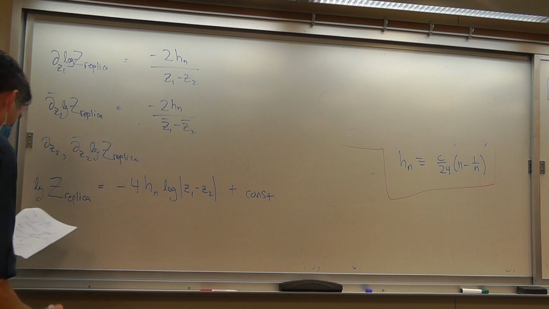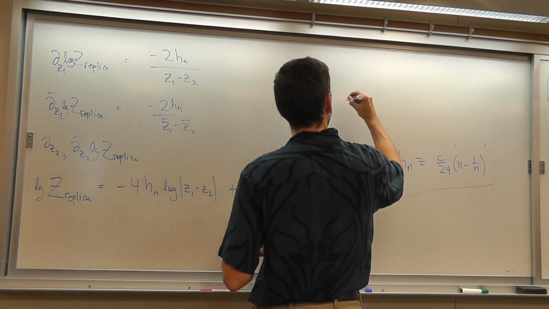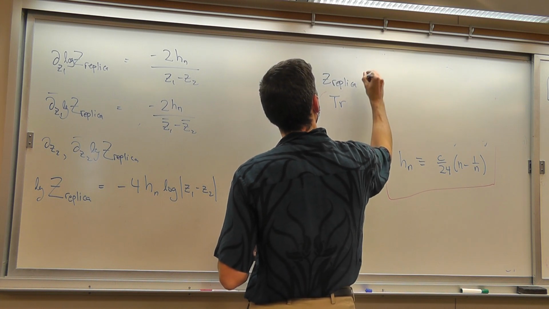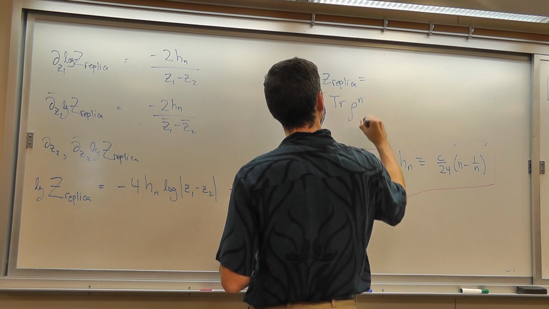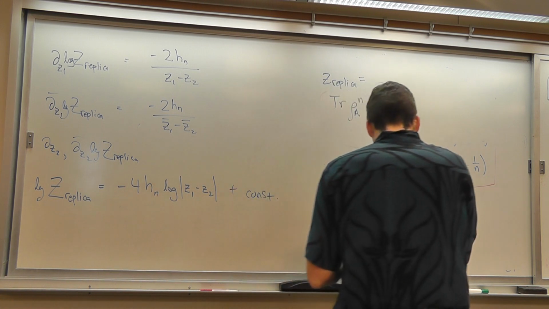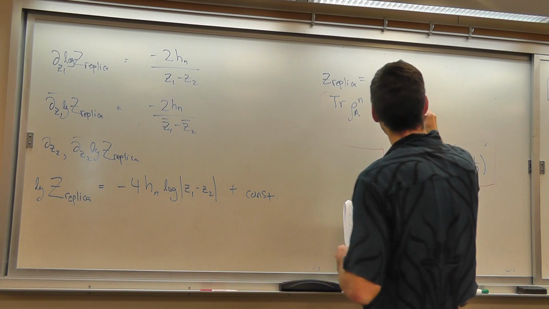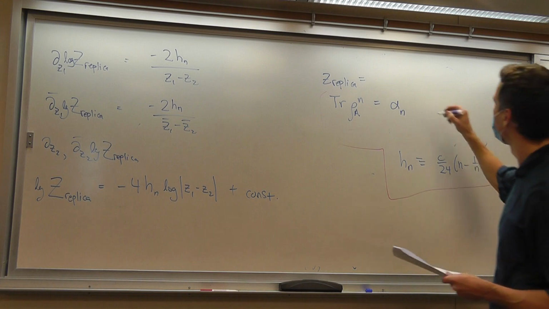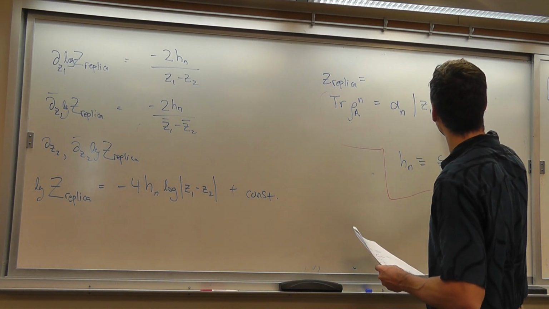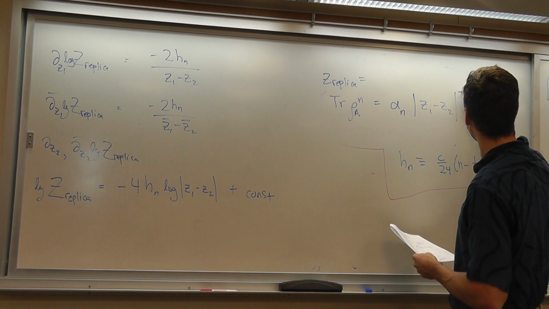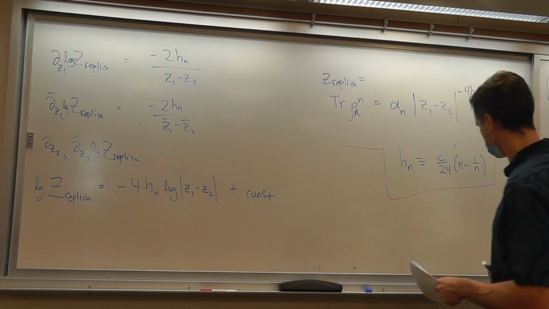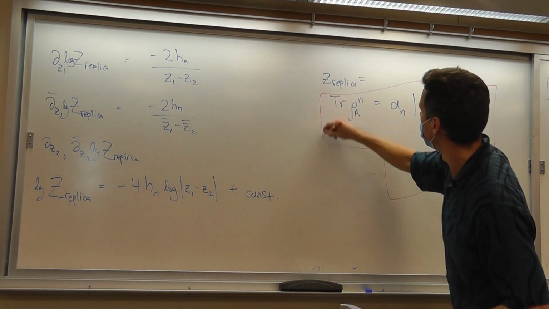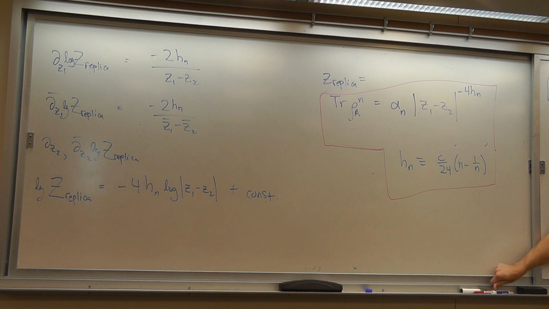So now we can exponentiate, and z replica, which is trace of rho A to the n, is equal to an unknown constant alpha n times the absolute value of z1 minus z2 to the minus 4 hn, where hn was defined before.